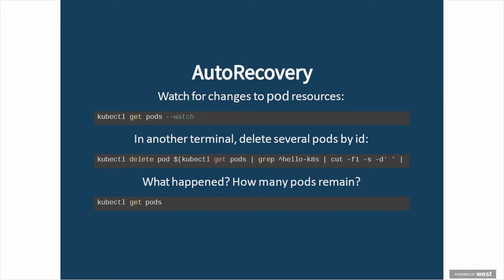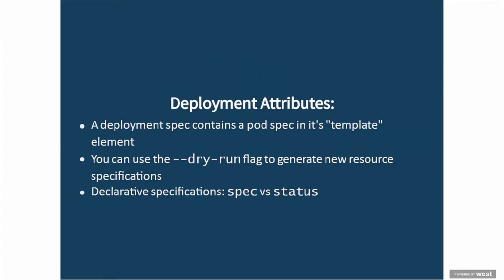The expected result after deleting 2 pods is that Kubernetes should automatically notice that the replica value in the spec and the replica value in the status field are out of alignment. The spec will suddenly say 3 while the status says 1.